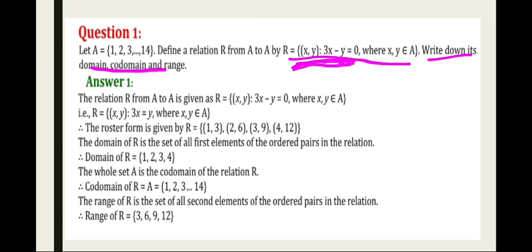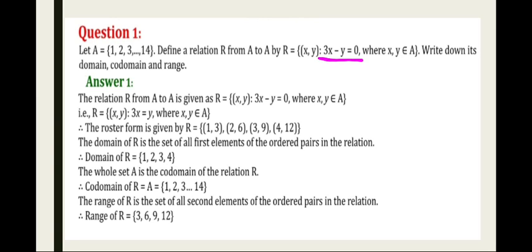First of all, this relation set is given in set builder form. You have to change it into roster form. Now, the relation is from A to A. That means the elements x and y can be from 1 to 14. Now, from 1 to 14 we will check which values of x and y satisfy this equation.